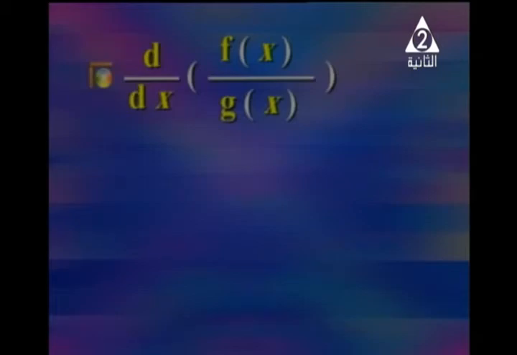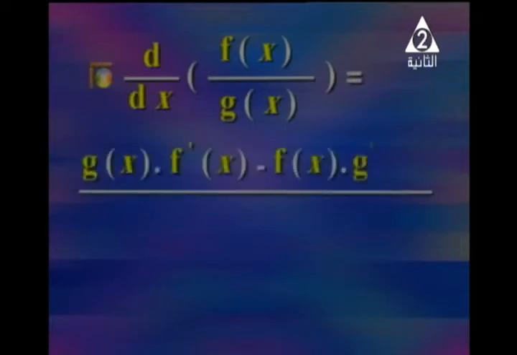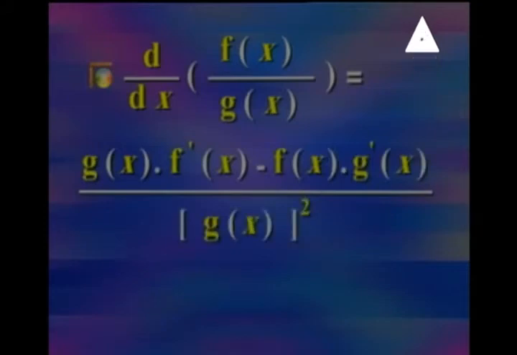After that, we move to another rule. When we find differentiation of division of two functions, f of x over g of x. What do you mean f of x over g of x? Yes, fraction function. Differentiation is, look at the denominator equals g of x squared, and the numerator is g of x times differentiation of the numerator minus numerator f of x times differentiation of denominator.